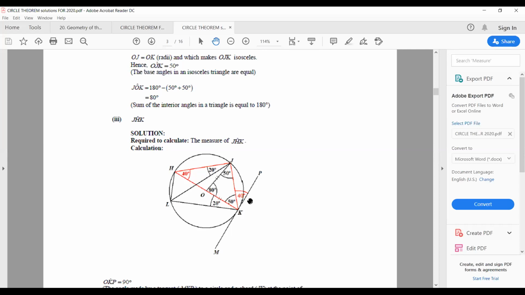So this is the angle in the alternate segment here. So if this is 40, that means that here is also 40 degrees. No rocket science there. Okay?